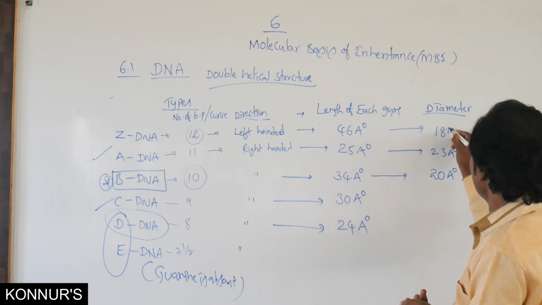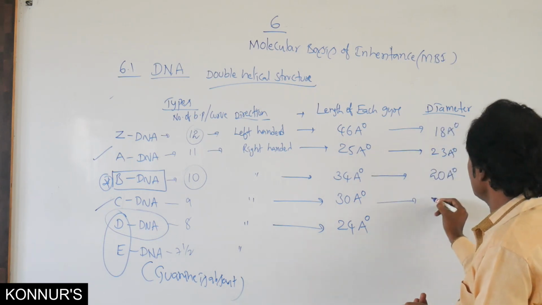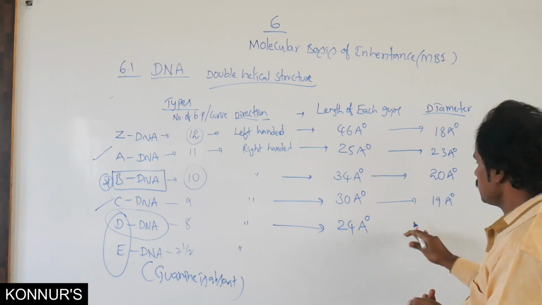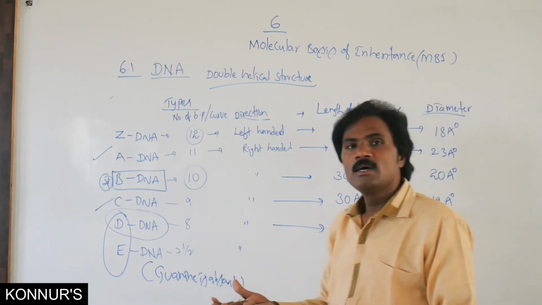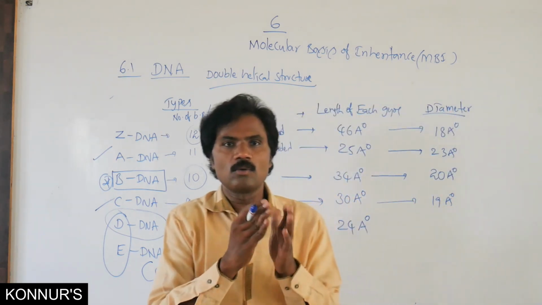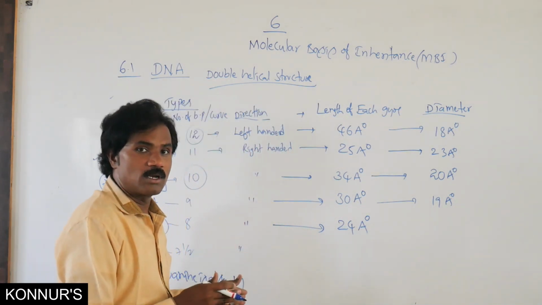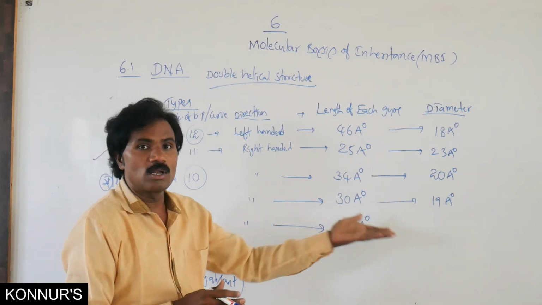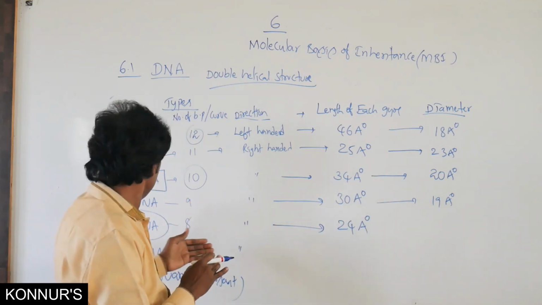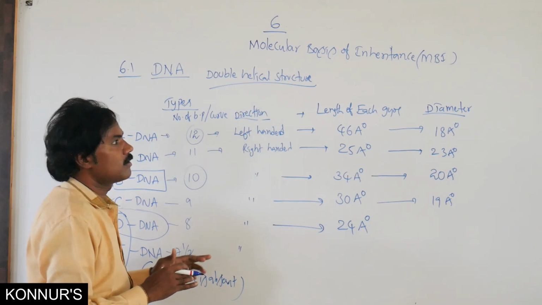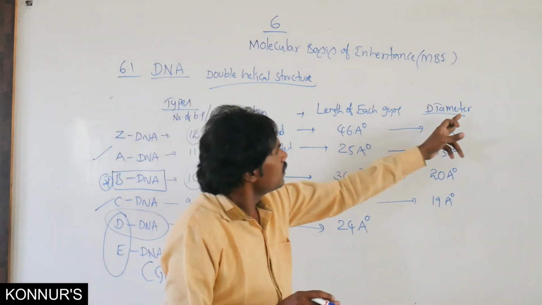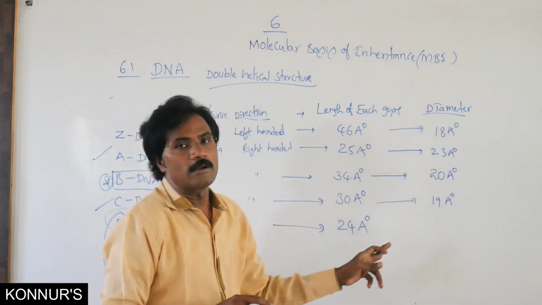Here 18 angstroms. Here it is 19 angstroms. For D and E they are not particular, because due to the absence of guanine it may or may not be present. That's why we can't say a particular diameter specifically for D as well as E.